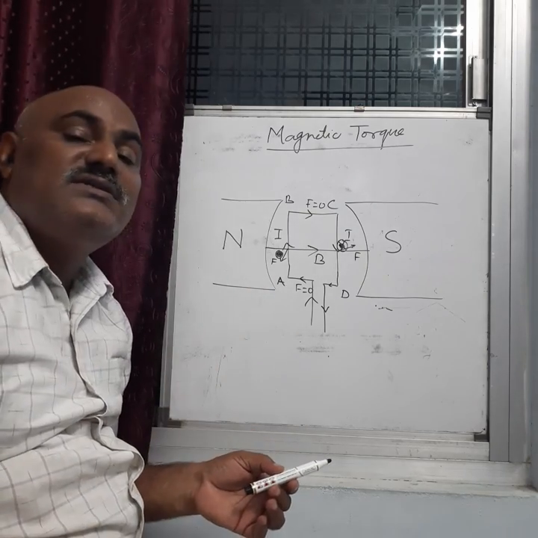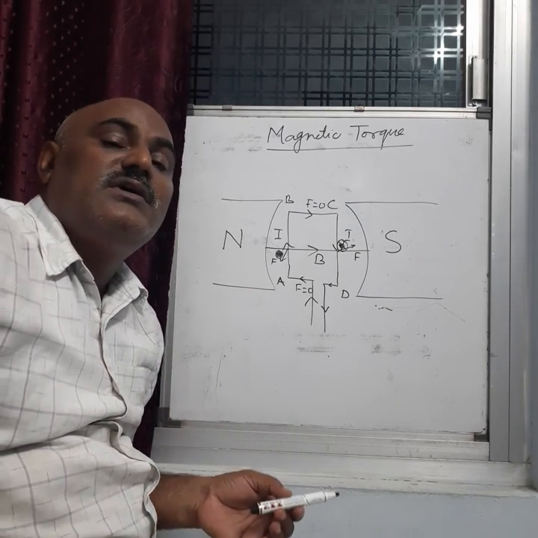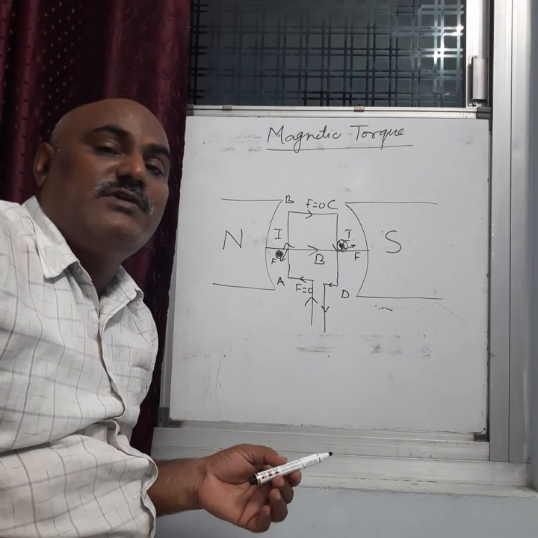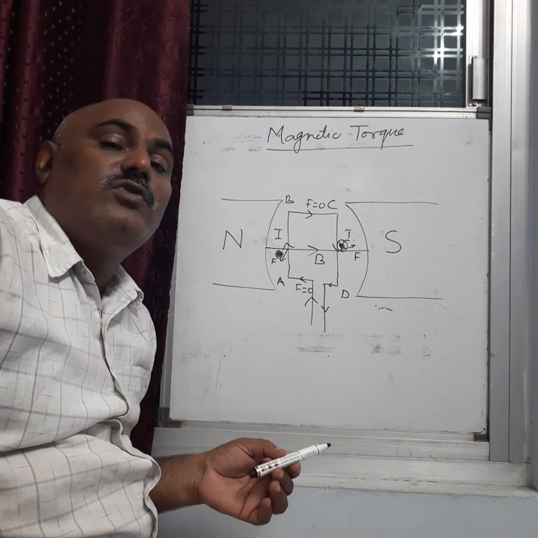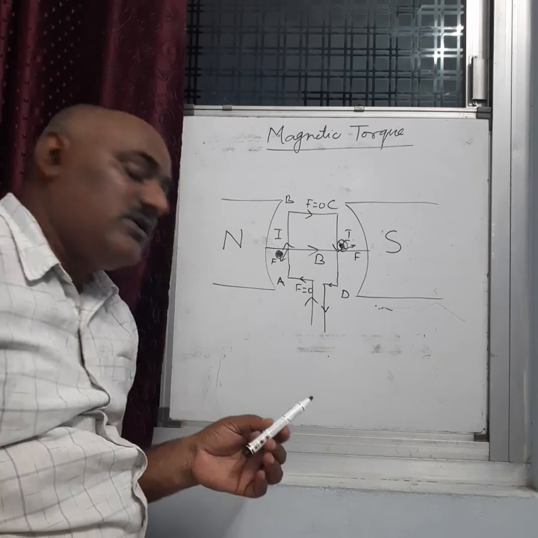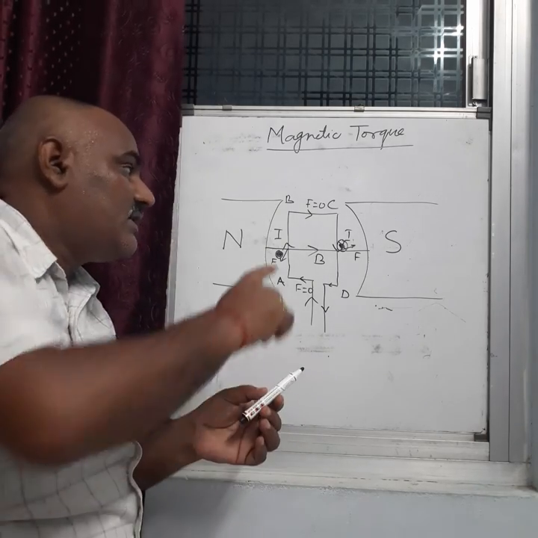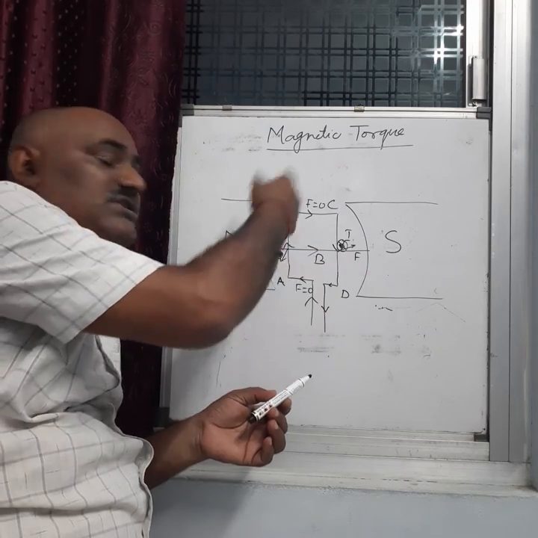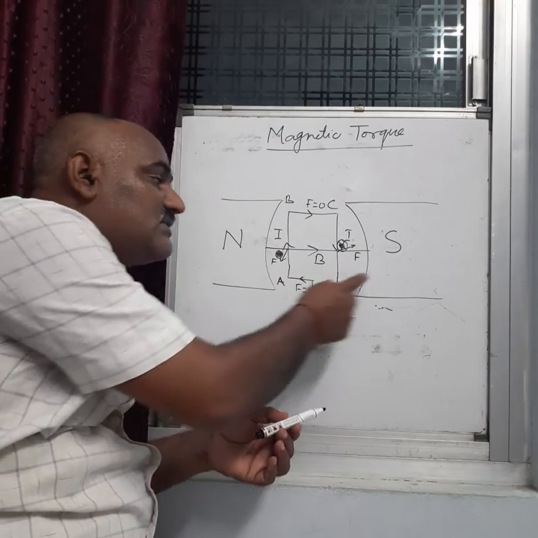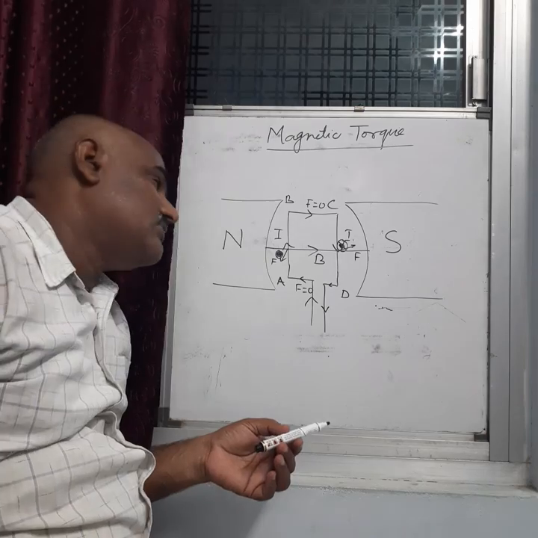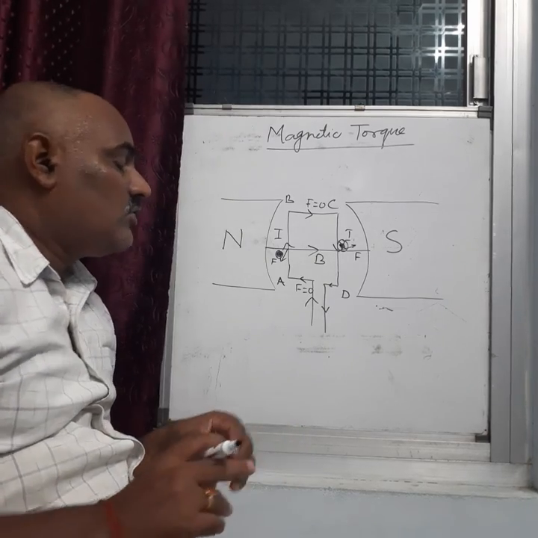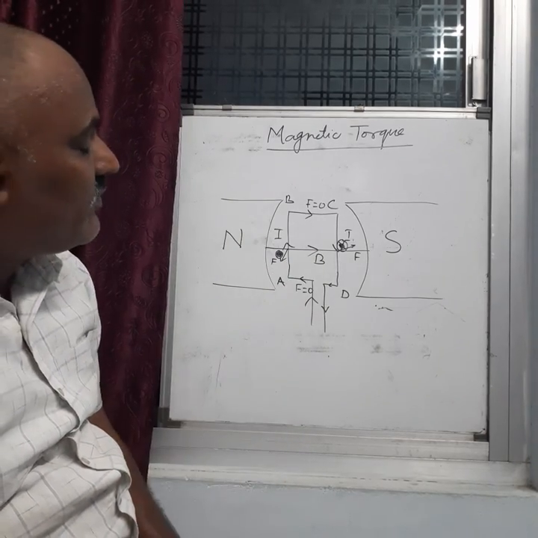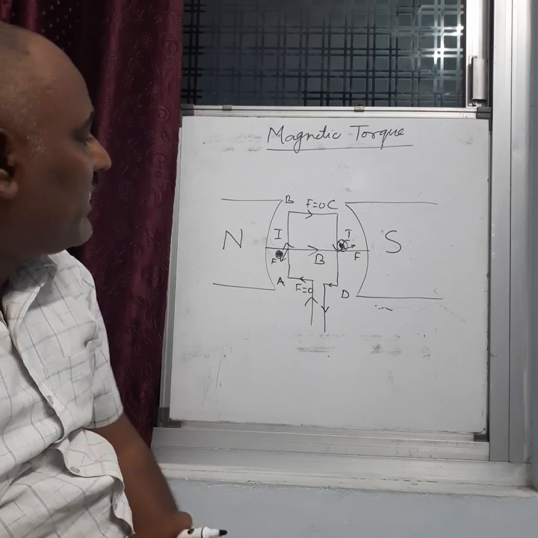Why have I taken a horseshoe magnet here, or we can say a radial magnet? Because we want to get a uniform magnetic field. Uniform magnetic field means the magnetic field will be uniform in this area. So that's why horseshoe magnets are taken. We can also take some other type of magnet. So here, to get the uniform field, horseshoe magnets are taken.